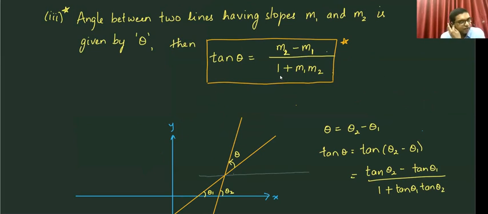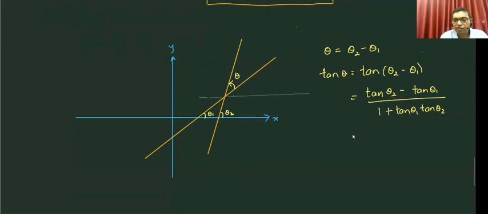Now for the acute angle, just a second, let me finish this. Now tan theta 2 is the slope m2, tan theta 1 is slope m1, by 1 plus m1 m2. So that's how we get this. There's a proof for that above statement.